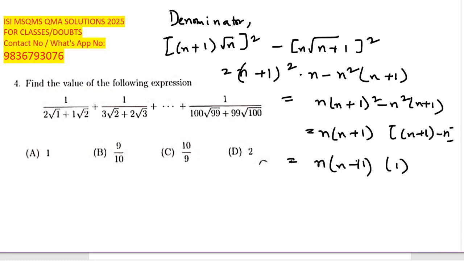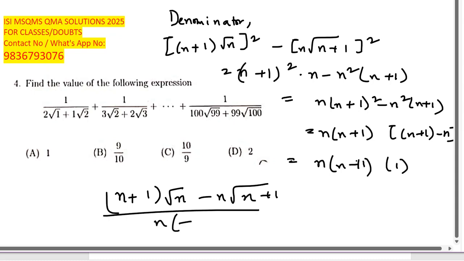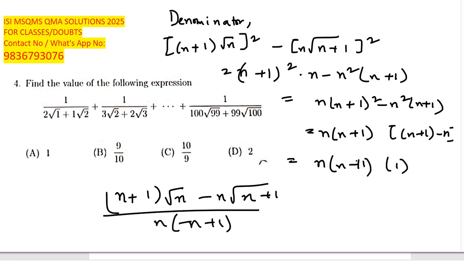So then finally the term becomes (n plus 1) root n minus n root (n plus 1) by n (n plus 1). So that is root n by n minus root (n plus 1) by (n plus 1).